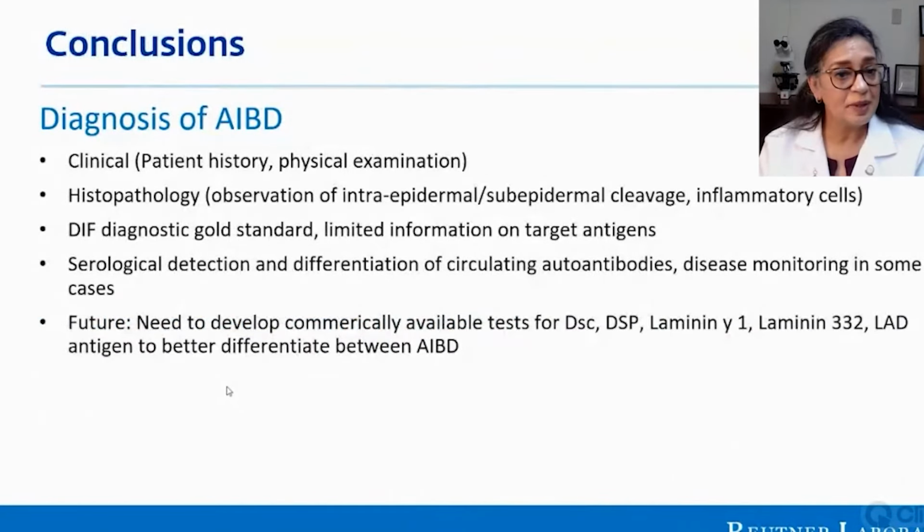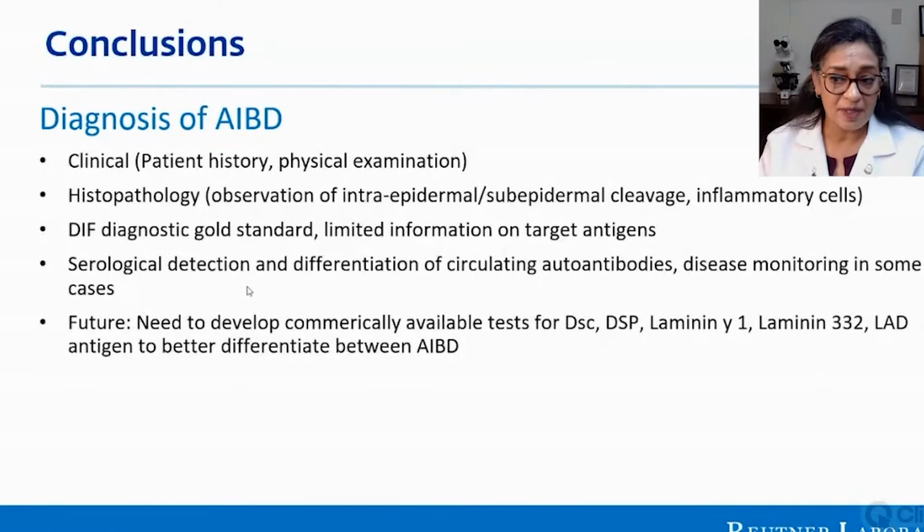I think I will stop here by concluding that the diagnosis of AIBD is based on a combination of clinical exam, histology, and DIF studies, which remains a gold standard, but it gives us limited information on target antigens in some diseases. And therefore, serological detection and differentiation of circulating antibodies, and for disease monitoring in some cases, is indicated.